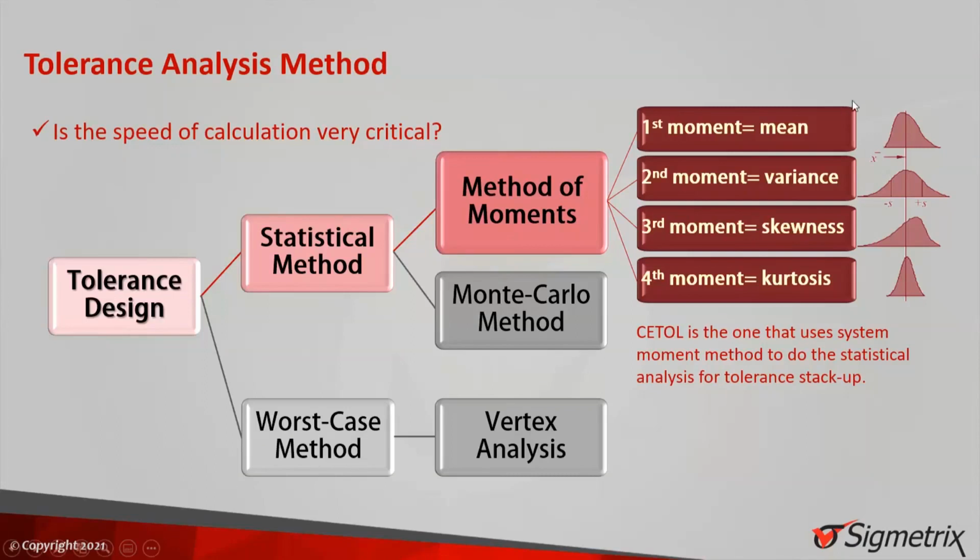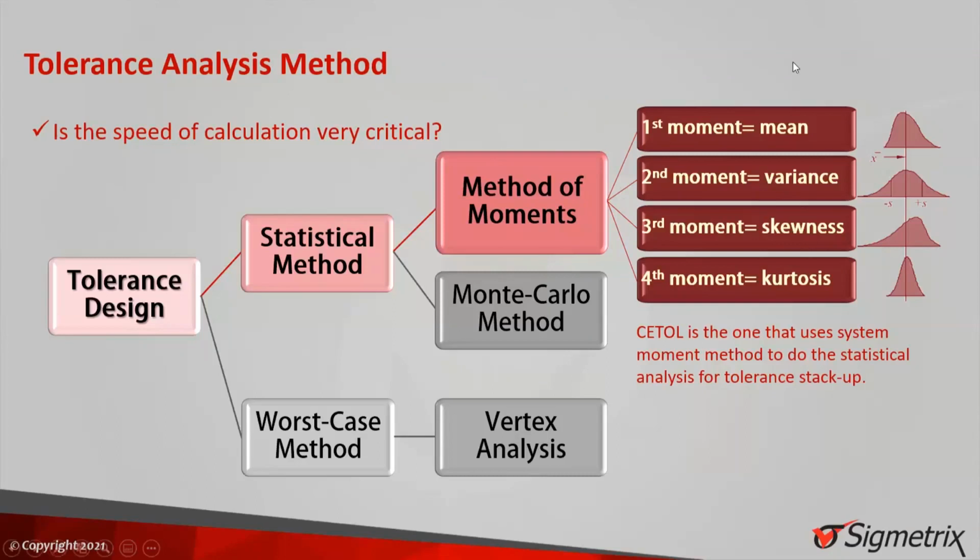So in brief, what is the system moment method? It uses the first moment to represent the mean value and the second moment to represent the variance, that is the square of the standard deviation. And it uses the third moment to represent the skewness, and the fourth moment to represent the kurtosis.